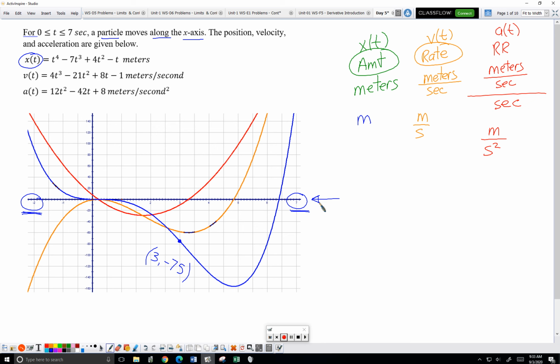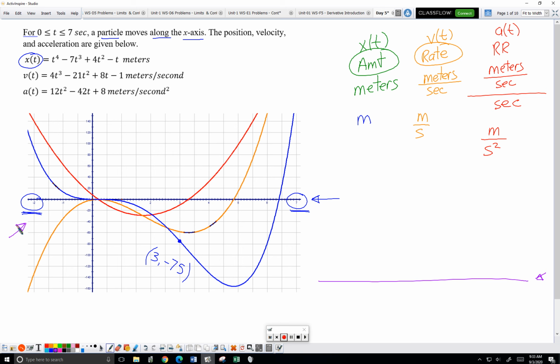They're saying the particle is somewhere else. It's moving along some other line. So here's the line along which the particle is moving. This x-axis, this horizontal line. The particle is not up here. This is simply a graph showing information about the particle. But the particle is nowhere to be seen in the graph.